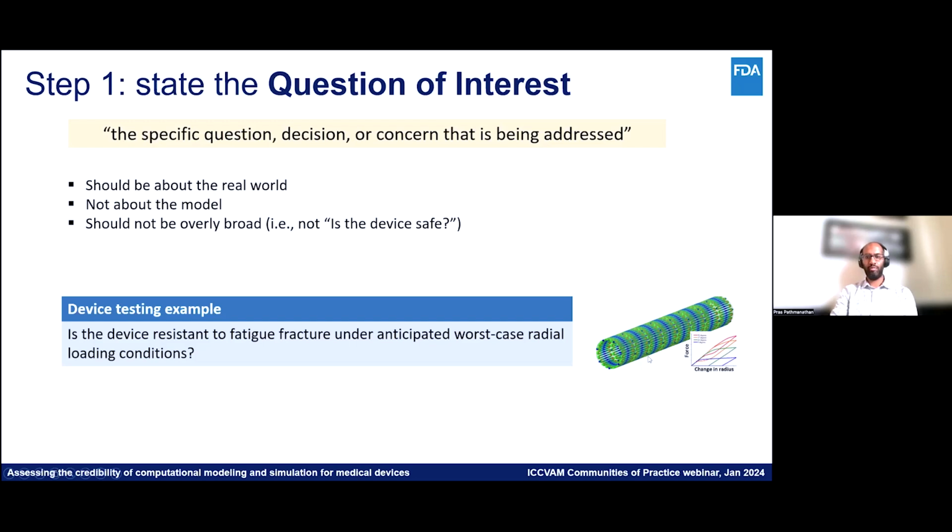This figure is for a stent, but it's the same kind of question. They're implantable devices. An important question that needs to be assessed is, what is the risk of the devices fracturing post-implant? So an example question of interest is, is the device resistant to fatigue fracture under anticipated worst-case radial loading conditions?